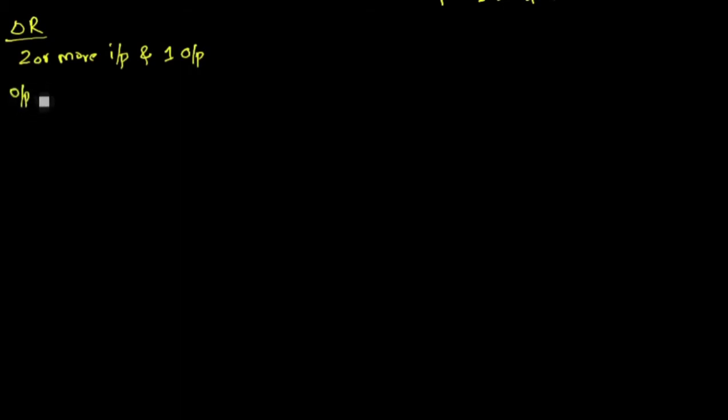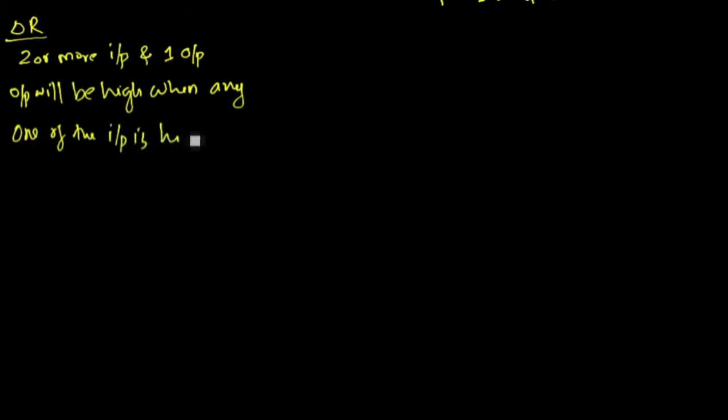The output will be high when any one of the inputs is high. So if any one of the inputs is high, the output of the OR gate will be high.